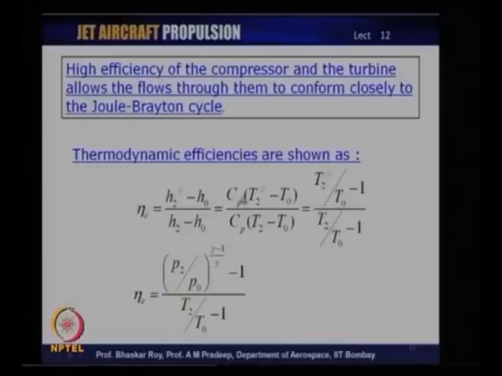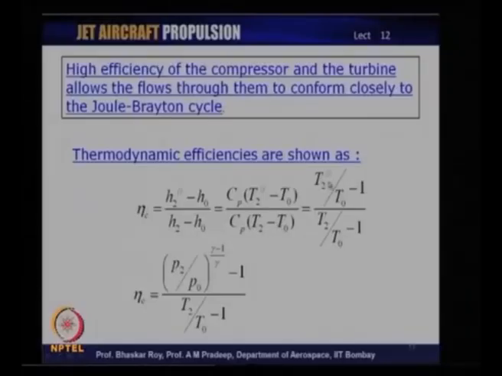The work done, as you know, can be written down in terms of Cp into temperature differential. If we assume that the Cp of real and ideal processes are same, and that is an assumption for the time being, the temperature differential or the ideal temperature differential and the real temperature differentials come into the picture, and the Cp gets cancelled out.